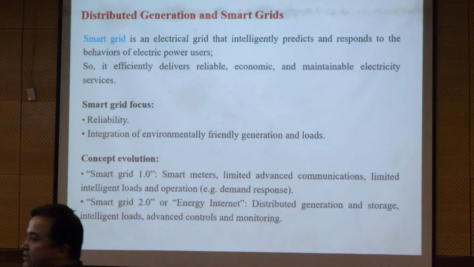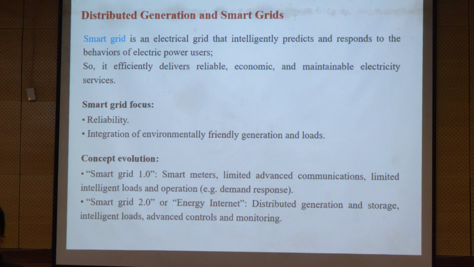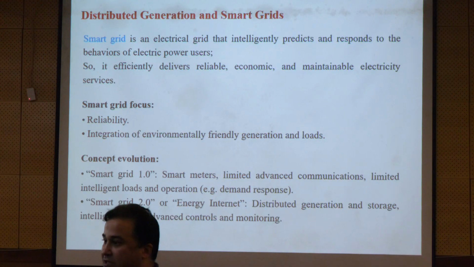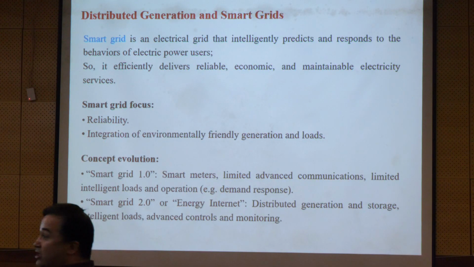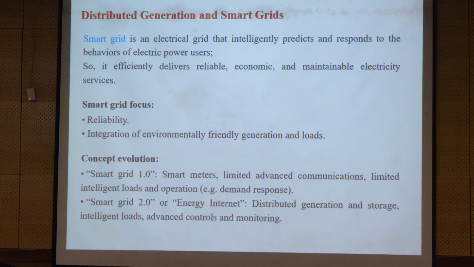But in a smart grid, we communicate between generation and consumption. So we have this possibility: if generation is not enough for the consumption, we will optimize the consumption.